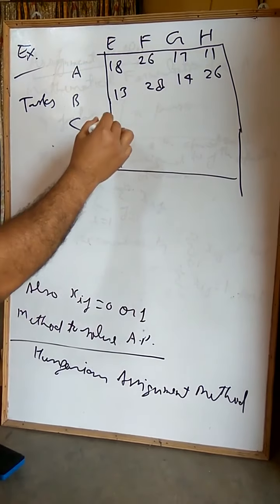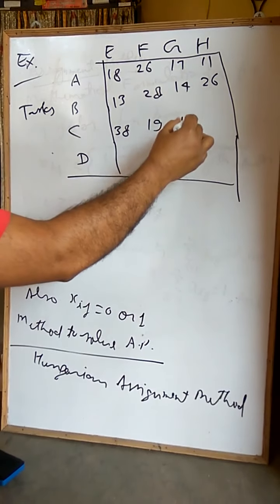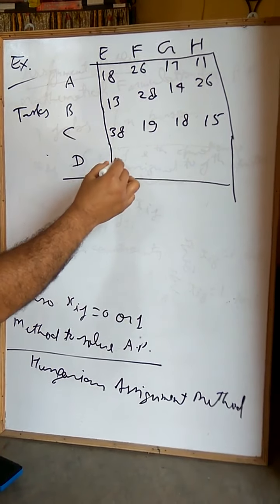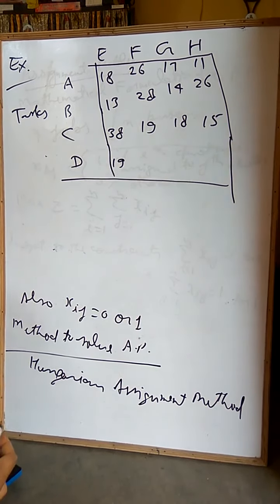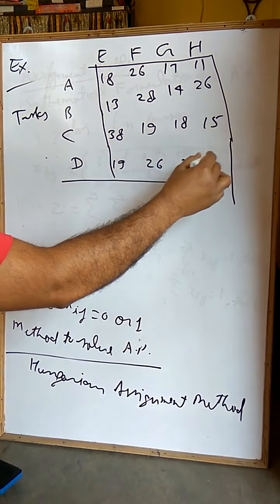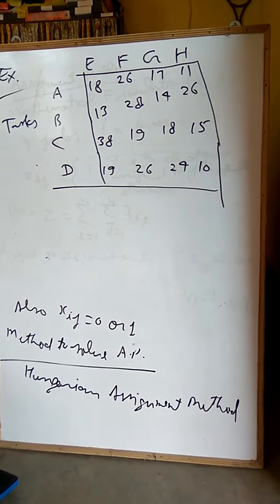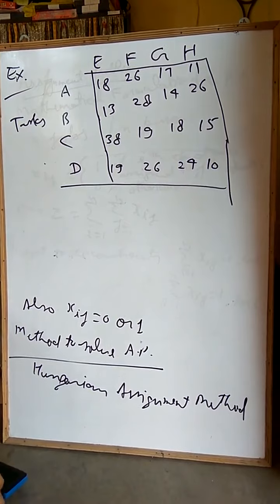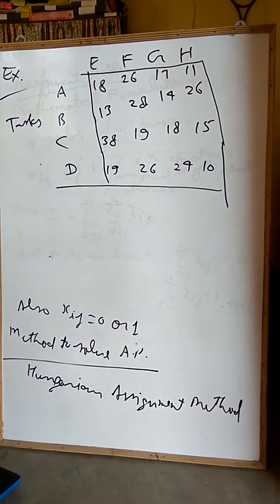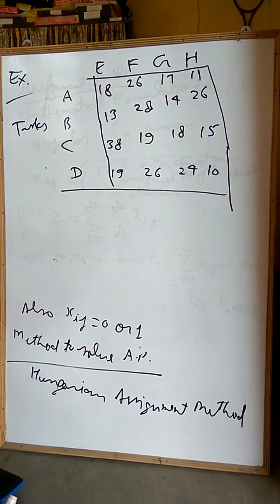For C 38, 19, 18, 15, and for D the times are 19, 26, 24, and 10. The question says how should the tasks be allocated one to a man so as to minimize the total man hours. Here we need to minimize the total man hours for performing the tasks.